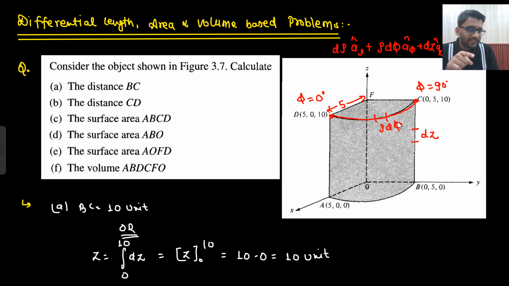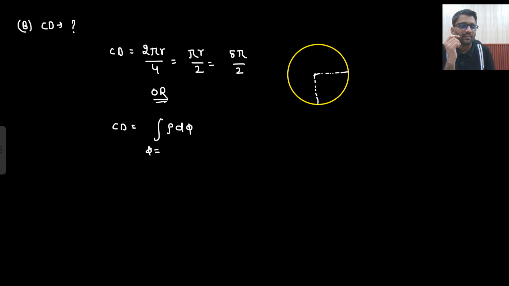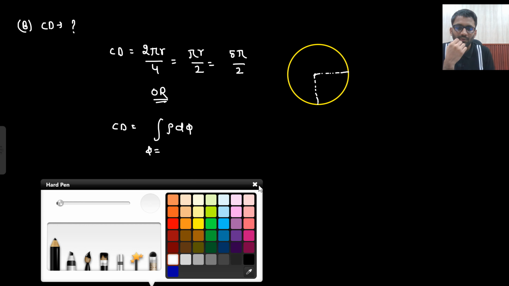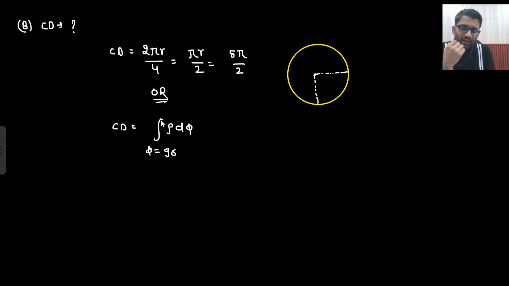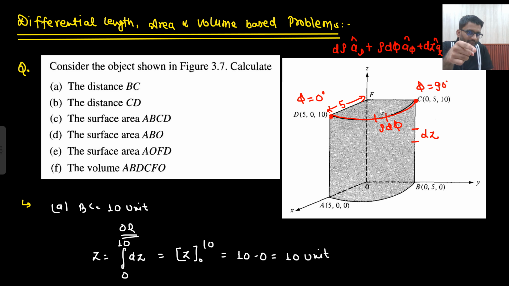So going from C to D, your angle is changing from 90 degree to 0. And on the complete length, rho is constant, that is 5. Sorry, rho is constant, not phi.